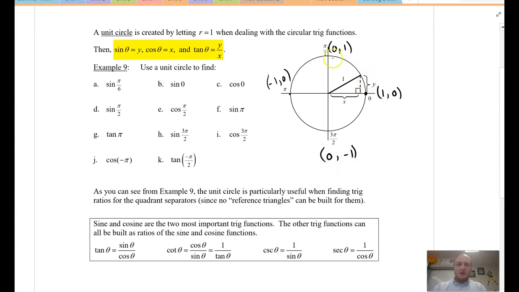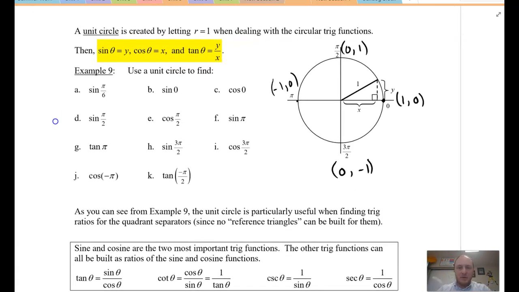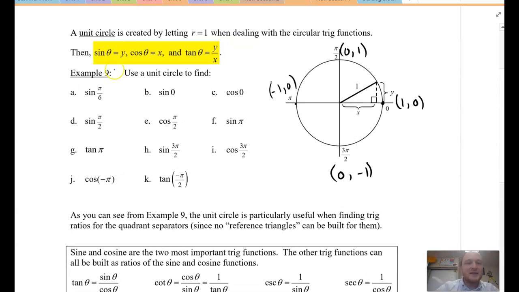And then we have coordinate locations all the way in between, which you can remember with the hand trick or just sheer memorization. Okay, so we're going to get questions about these key points, and we need to remember a couple of things. We need to remember that sine of theta is y. So this is a sine value, this is a sine value, this is a sine value, and our x values are cosine.